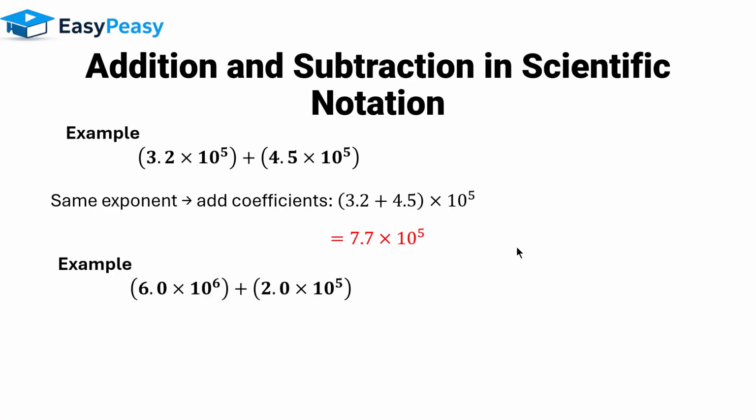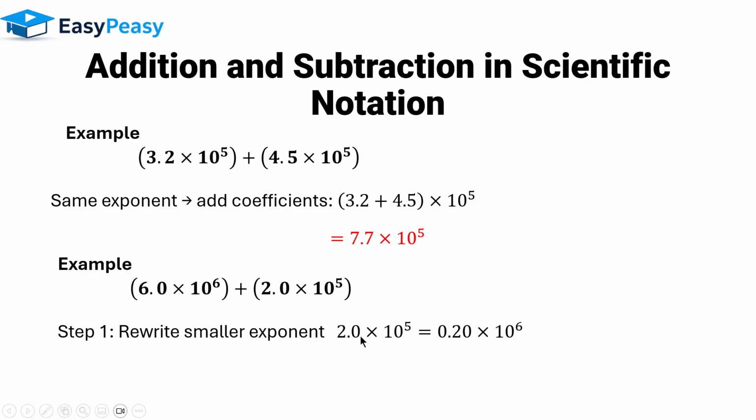Okay, now first, let's see the exponents here. Here we have 6, here we have 5. We can either make the 6 into a 5 by moving the decimal, making it 60 times 10 raised to power 5, or we can convert the 5 into 6 by moving the decimal over here and making it 0.2 instead of 2.